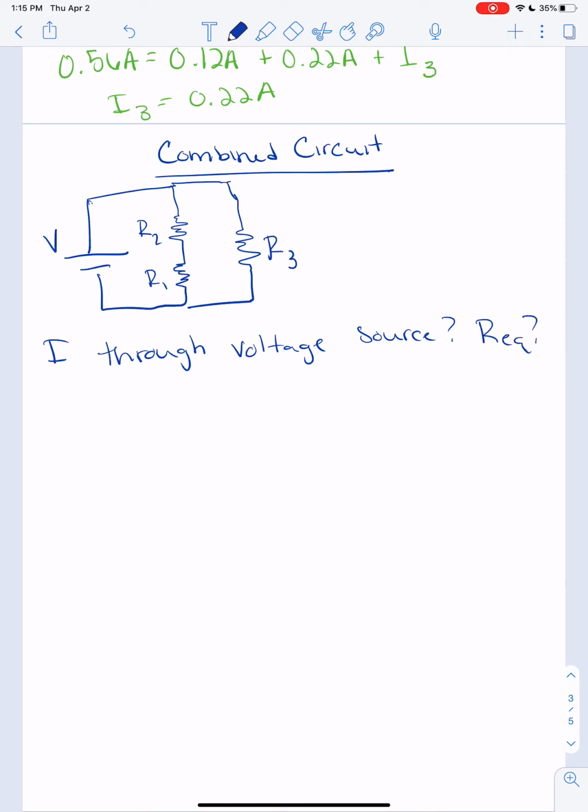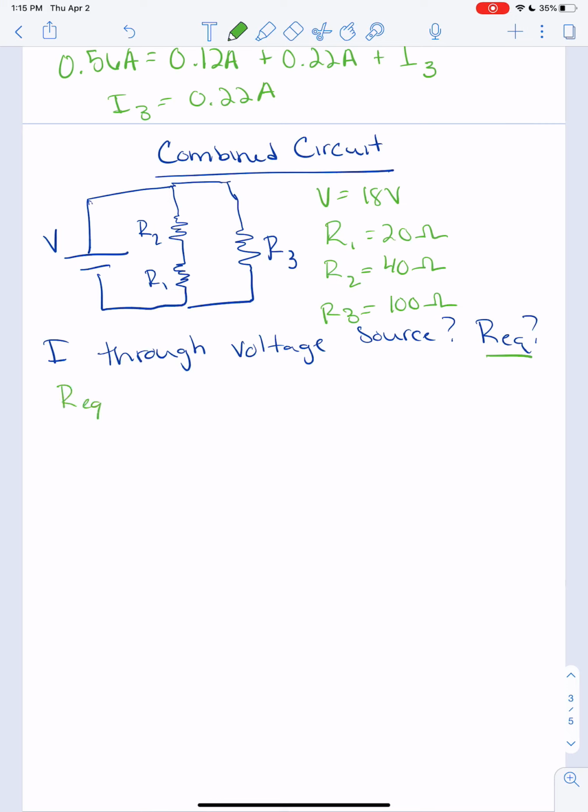So let's try and do that. First, let's put some numbers on here. I'm going to say my voltage is 18 volts, R1 is 20 ohms, R2 is 40 ohms, and R3 is 100 ohms, okay?